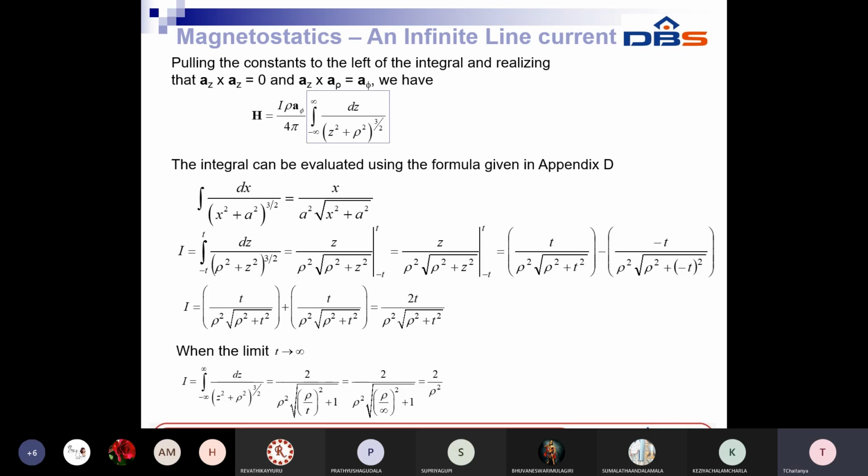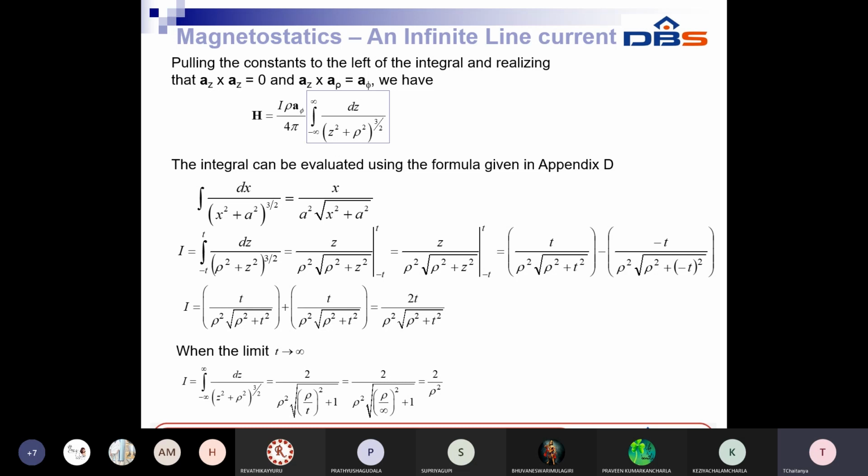Next, all conditions have to be applied. The cross product property helps us in the vector calculus: az cross az is equal to 0, and az cross a rho gives a phi. Let us assume H equal to I rho a phi by 4 pi as a constant, and the remaining dz is the variable.